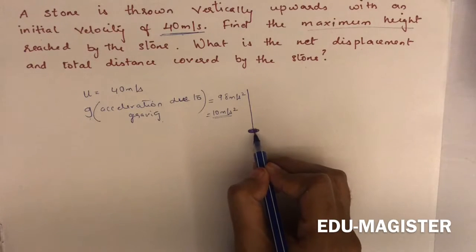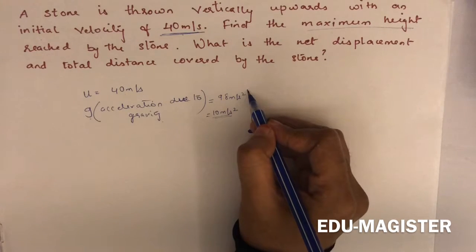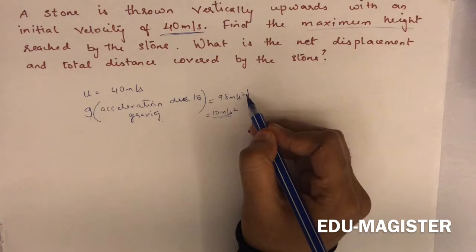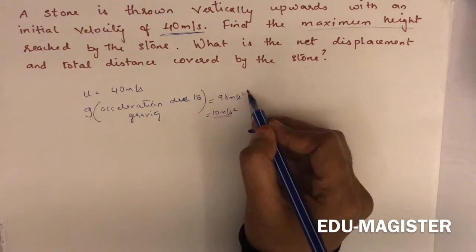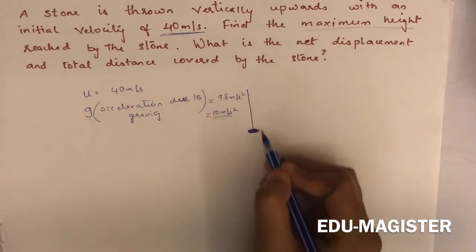When a stone or anything is thrown up, we assume that it is thrown with an initial velocity, and after reaching up, the object stays there for a very short moment, and then it falls down.